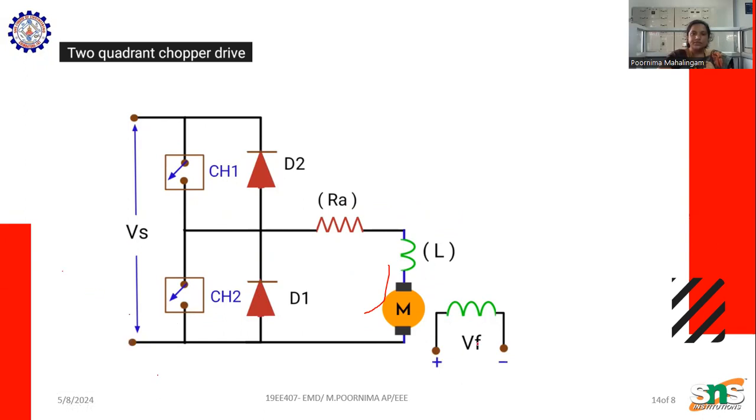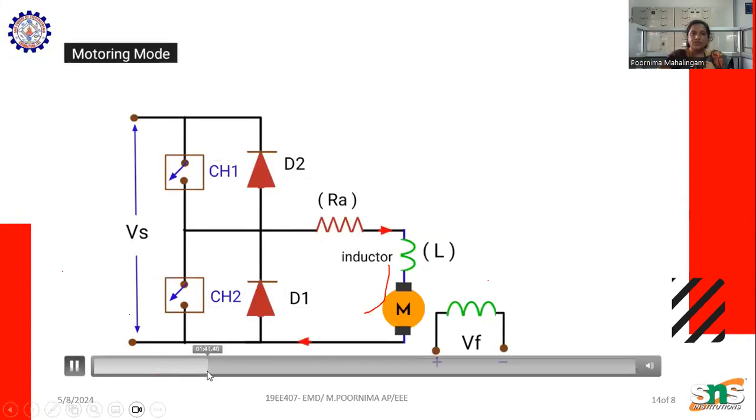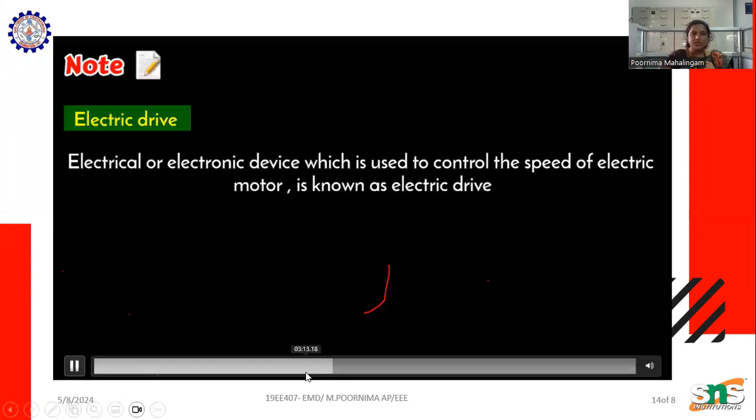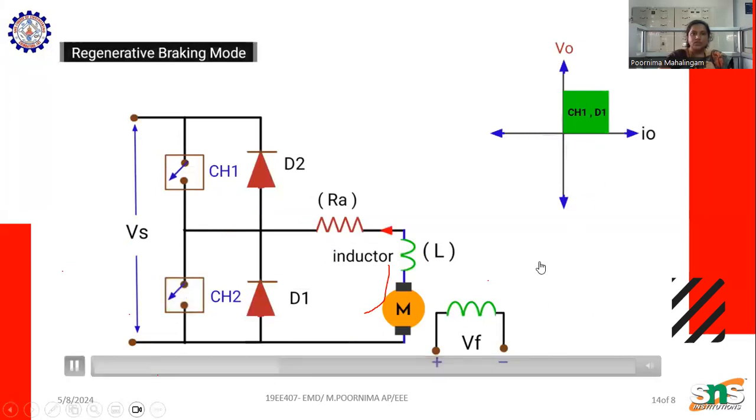Here we can see the diagram, with chopper 1 and diode 1, chopper 2 and diode 2. When chopper 1 is on, the current flows through the armature and energy is stored in the inductor. When chopper 2 is switched on, the current flows in the opposite direction, where the voltage is positive, and the current goes from load to source. The current is in the opposite direction and the voltage is positive.